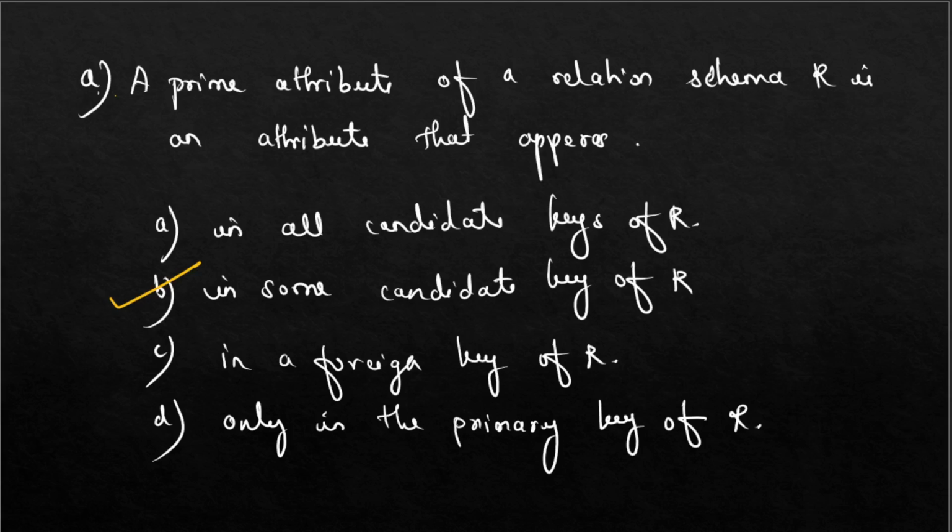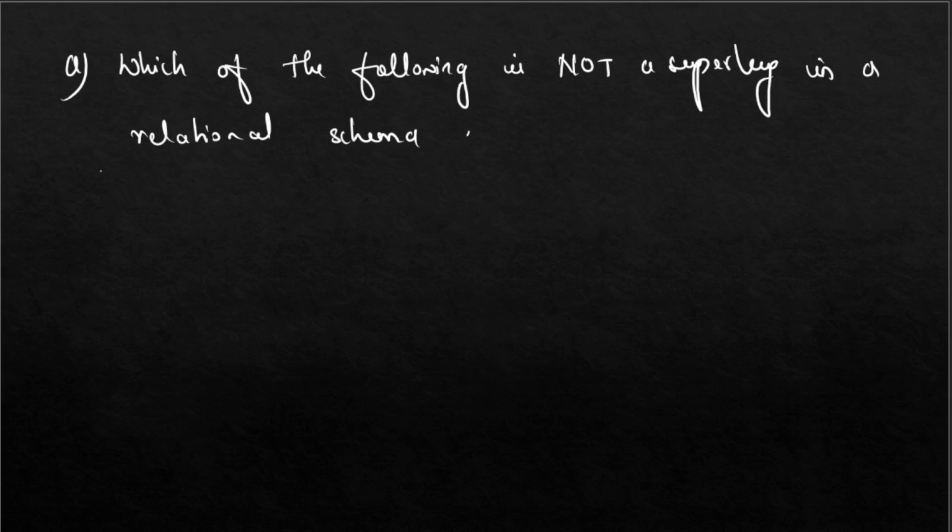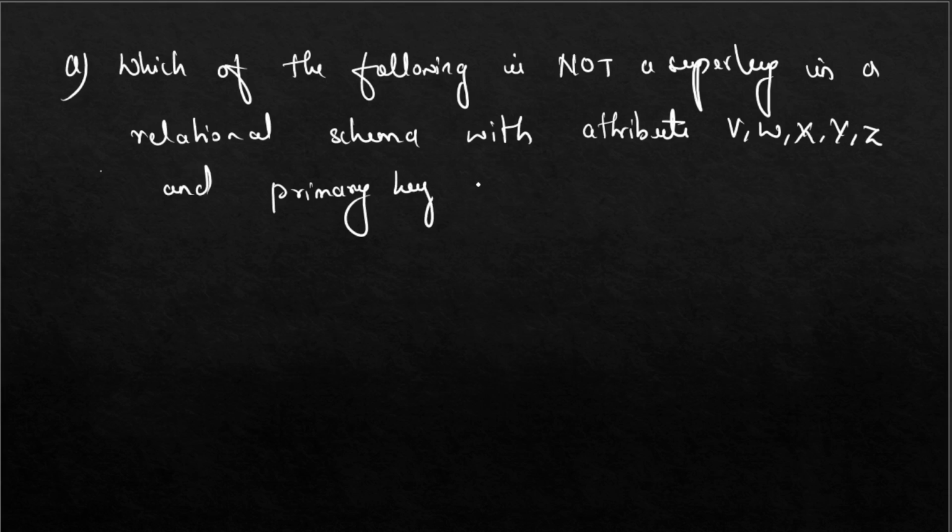Now let's take one next question. Which of the following is not a super key in a relational schema with attributes V, W, X, Y, Z and primary key VY?